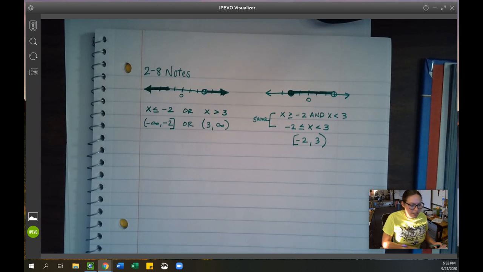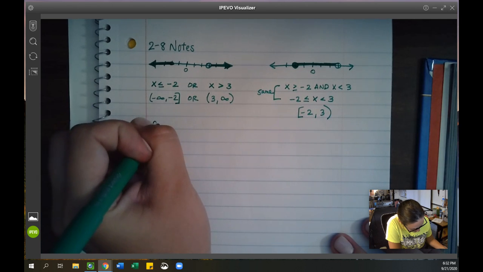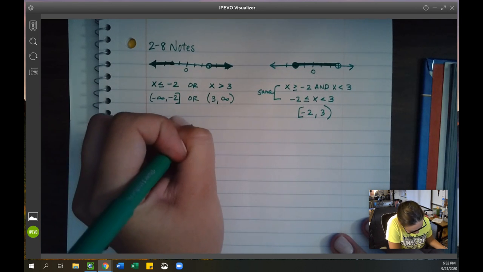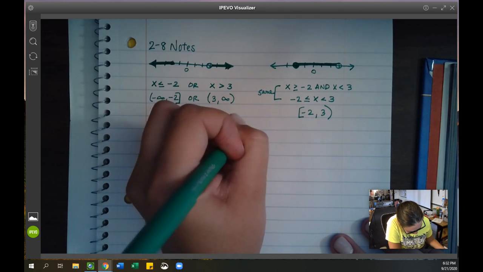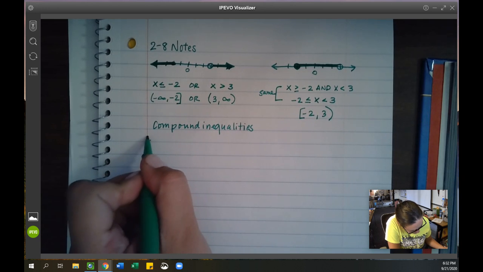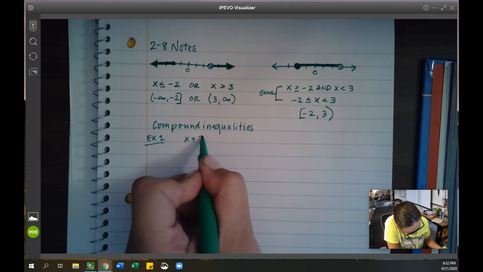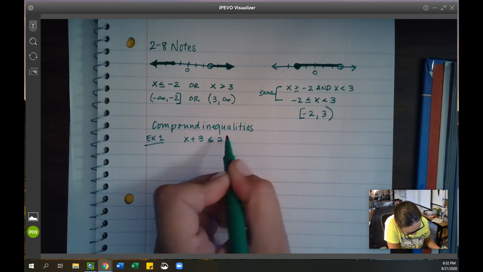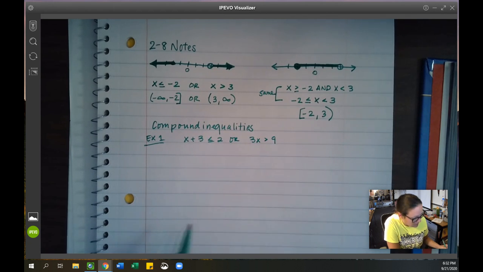So all of this brings us to compound inequalities. So let's say I have this. x plus 3 is less than or equal to 2, or 3x is greater than 9.